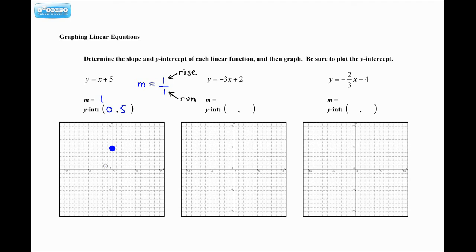We can do it as many times as we want until we have enough dots, then take a ruler and finish it. So from here we go up 1, right 1, up 1, right 1, up 1, right 1, up 1, right 1. I think you can see where the dots are going. So let's plot our line as best we can. Something like that.